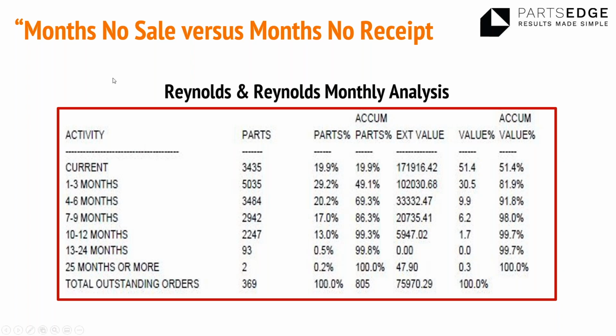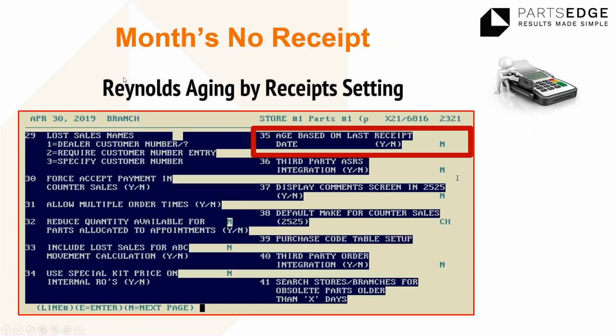But one of the things you can do, and again, this is just a screenshot, you can freeze this if you want, but at least with Reynolds and Reynolds now, and they've had this for about 3 years, is you can go into 2321 option 35, and this option 35, you can flip this to age your inventory based on the last receipt date. You flip this to a Y and run a 2213 report. You'll now get your inventory aging by last receipt.